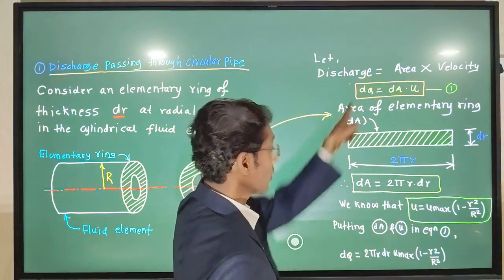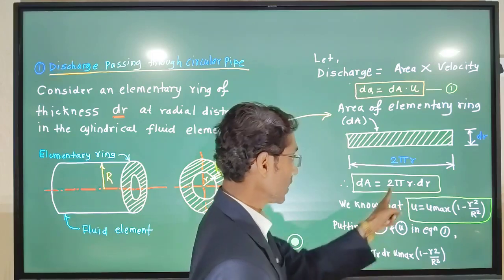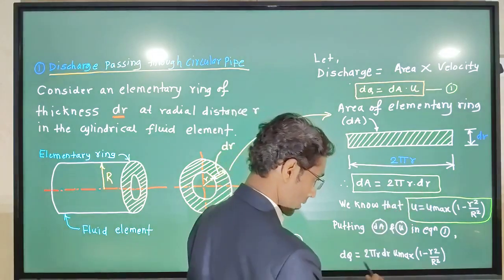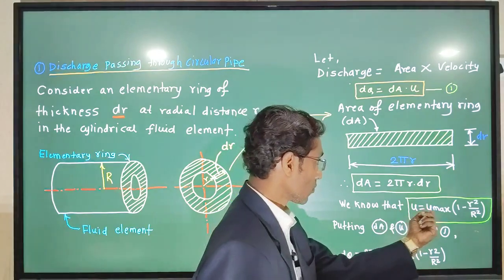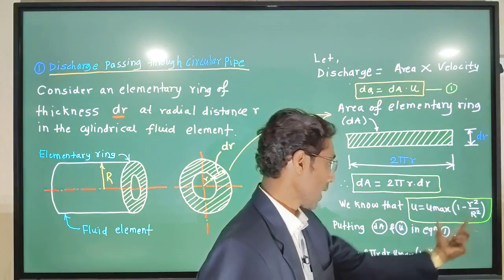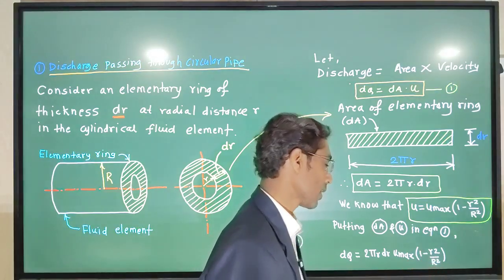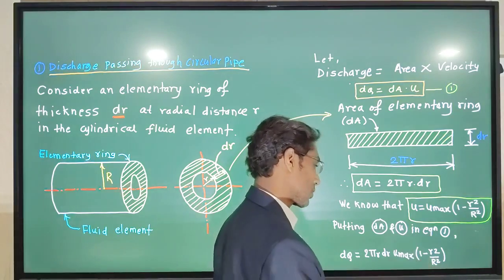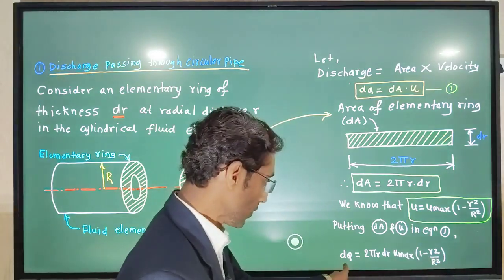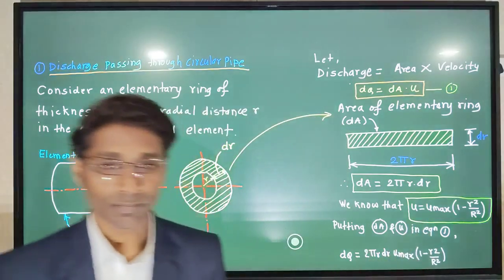Thus dq is equal to, in place of dA we write 2 pi r dr, and for u we use u max into bracket 1 minus small r square by capital R square. We will simplify this dq expression.